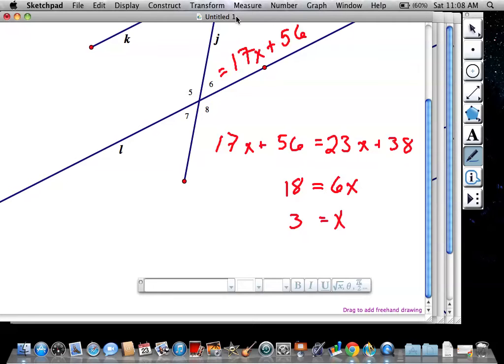If I plug in any other number other than 3, 2 and 6 will not be congruent, so K and L will not be parallel. So the x value 3 here is the only one I can plug in to make K and L parallel by the converse of corresponding angles postulate. Okay, moving on.